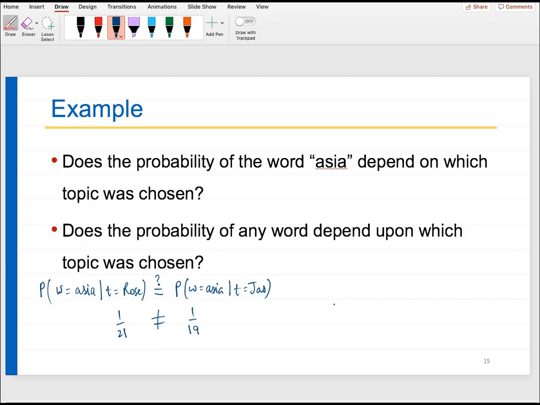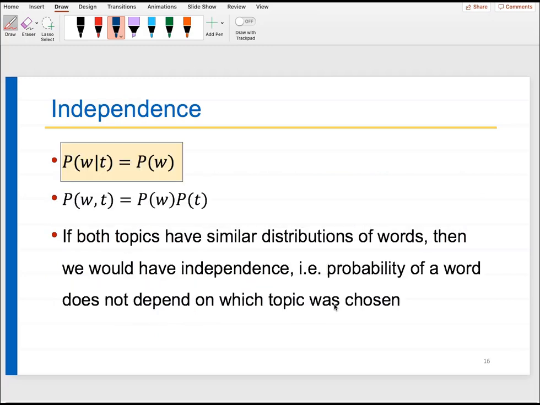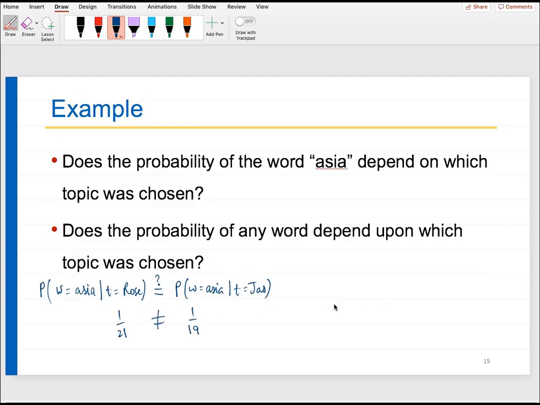Next is, does the probability of any word depend upon which topic was chosen? So we can find like this, right? Okay, so this brings us to the concept of independence. Just now we discussed whether the probability of a word depends on which topic was chosen.